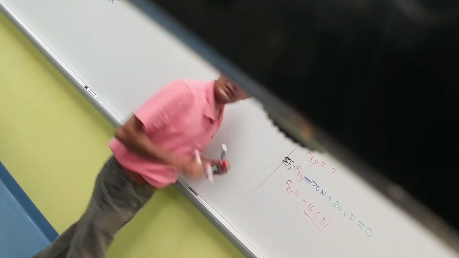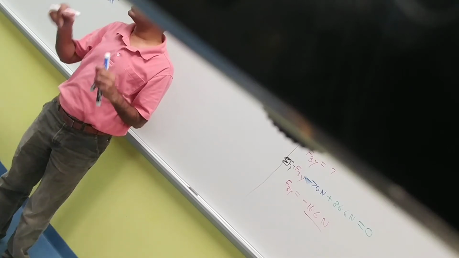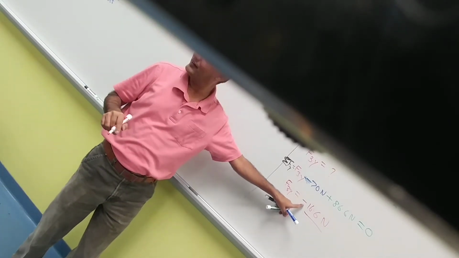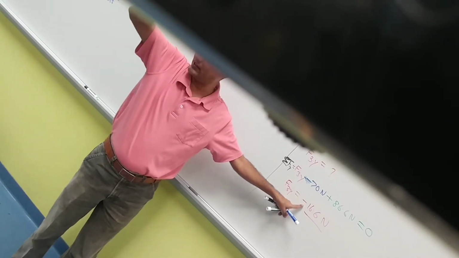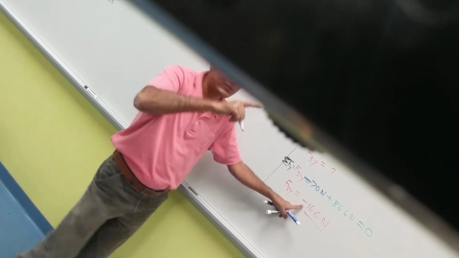So the child has to push vertically downward. So our guess was correct, right? We thought that without the child, this guy will go somewhere here. So he has to push a little bit down so that it goes here. Does it make sense?